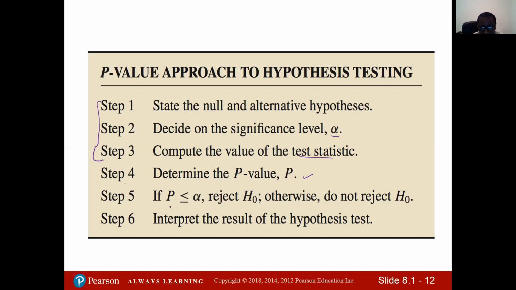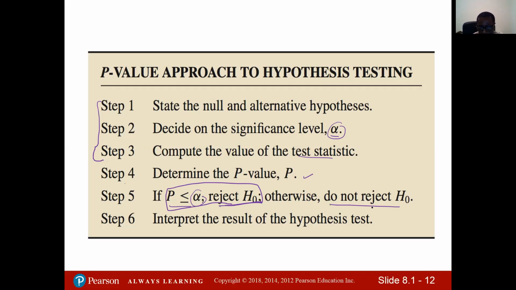Now, this is what your decision is, irrespective of the type of the test, whether it is left tail, right tail, or two tail. If the p-value is less than or equal to alpha, which is your significance level, then you reject the null hypothesis. So this is very important when you are using the p-value method.